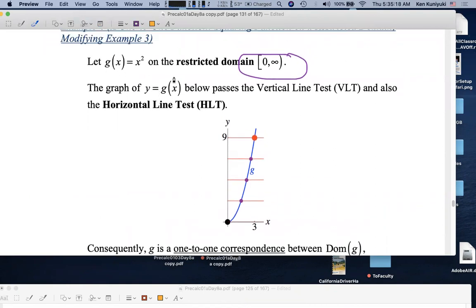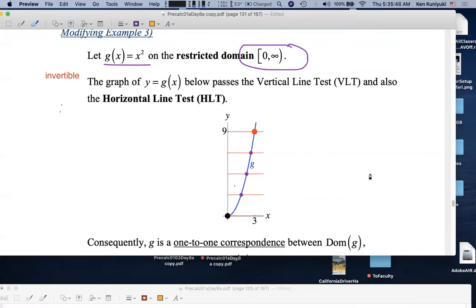So the squaring function, if it's restricted to this domain, the non-negative reals, which is also the range, then it turns out that this function will be invertible. I call this new function g because technically, if you change the domain, you change the function, even though the rule, x squared, is still the same. But now we have an invertible one-to-one function.